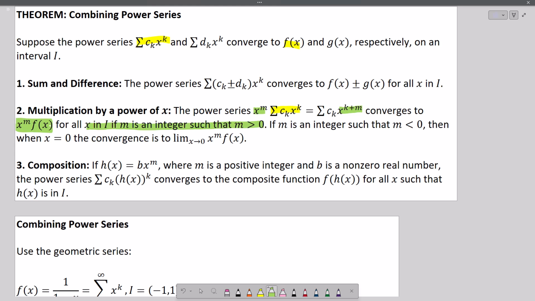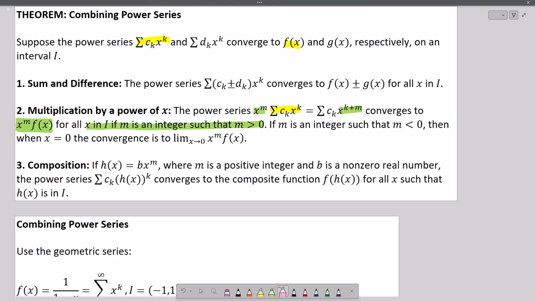So if m is greater than 0, there's no funny business because there's no potential division by 0 out in front. Right? So if m is a positive number, that x to the m is never undefined. Everyone agree with that?